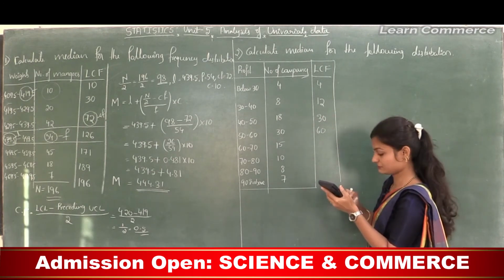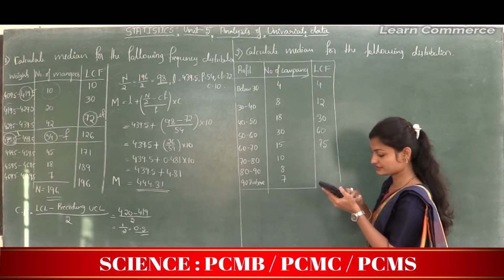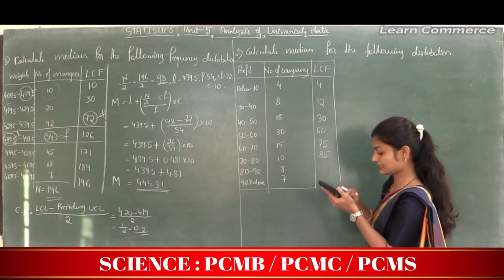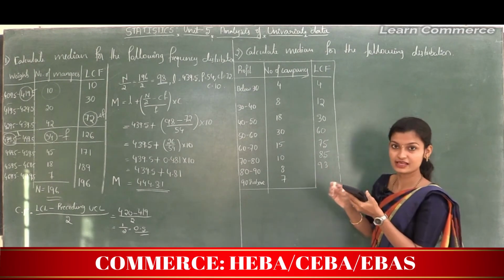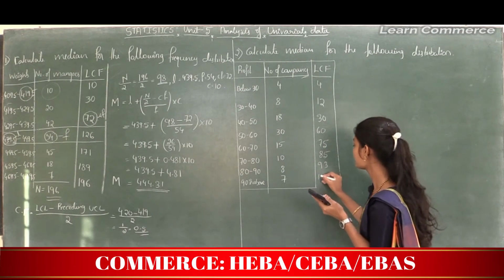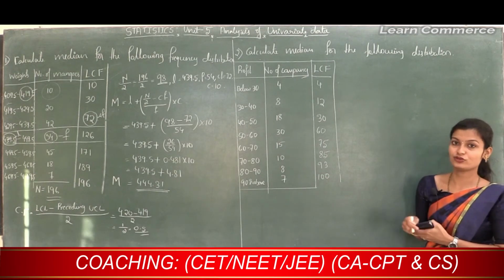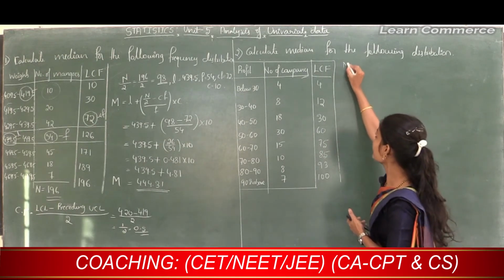Then 60 plus 15, that is 75. 75 plus 10, that is 85. 85 plus 8, that is 93. 93 plus 7, that is 100. So this is step 1. Step 1 means we need to find the less than cumulative frequency. Okay. Then step 2 is to find N by 2.